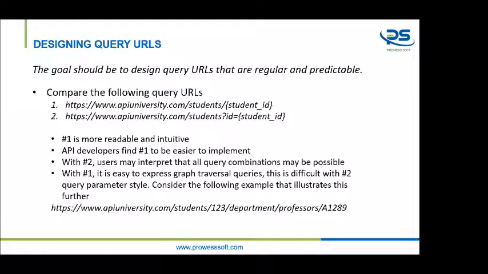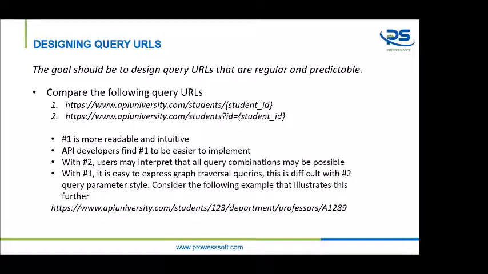Now let's look at the bottom of the screen and investigate that URL. You have a base URL, and followed by that, you have students as a URI. And as part of the students, you are filtering based on the student ID, which is 123 in this case. Now, if you stopped at 123, you would get an object representation of a student.